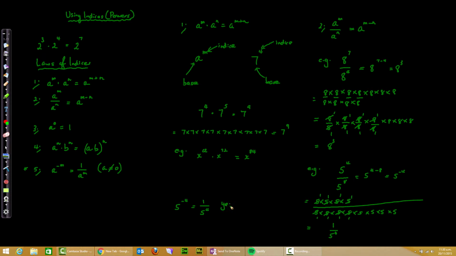Yes, it does. The simplest way to confirm that is to plug both into your calculator and show that they are equal. And so that helps to show that if you have a negative power, a negative index, that is the same as 1 over a to the power of that positive index.